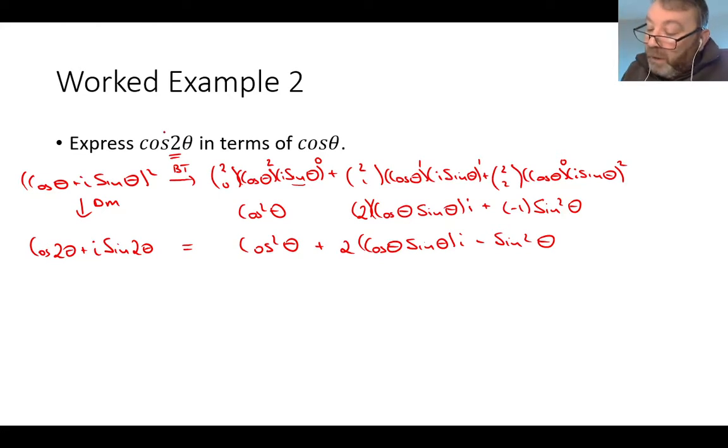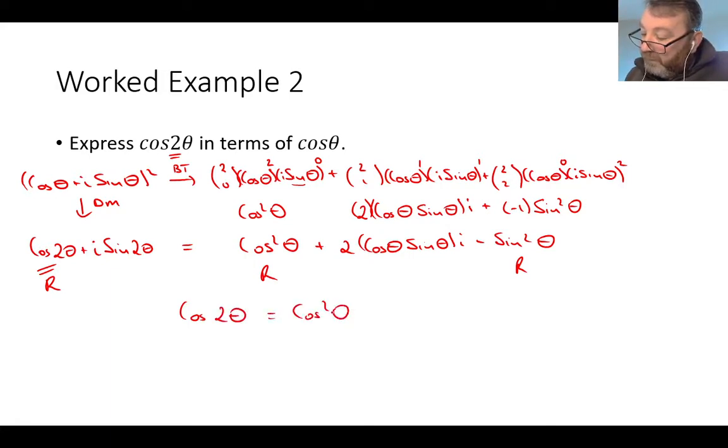Now, what do I want? I want cos 2 theta. So that means I'm going to be taking all the reals and looking at them. Okay, so when I equate the reals, I get cos 2 theta equals cos squared theta minus sine squared theta.